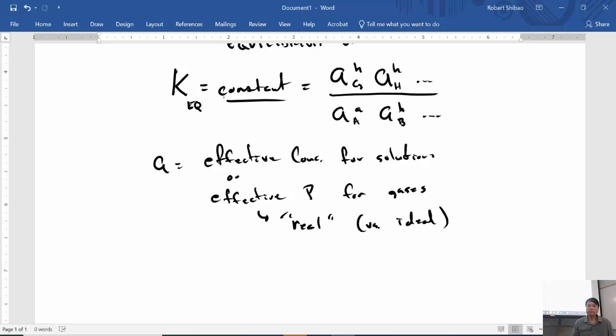And the effective concentration for solutions is close to the molar concentration, and the effective pressure is close to the ideal pressure.